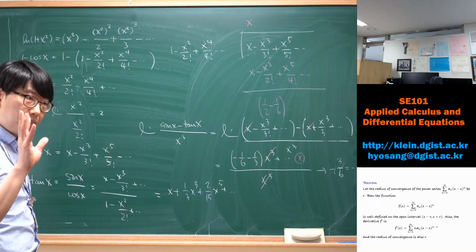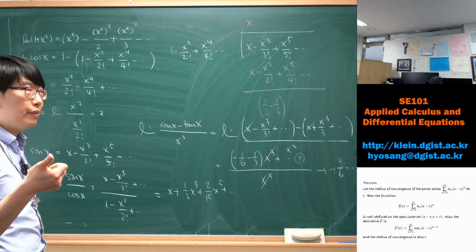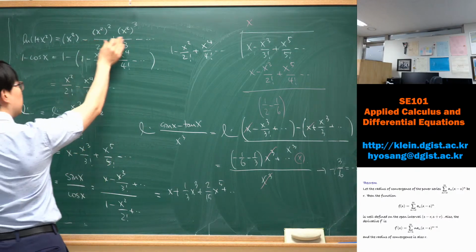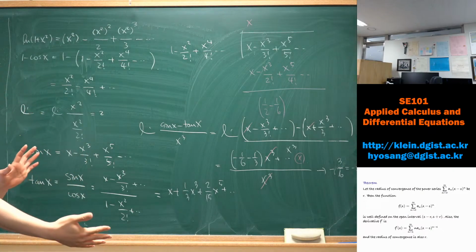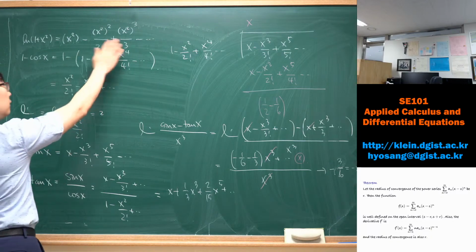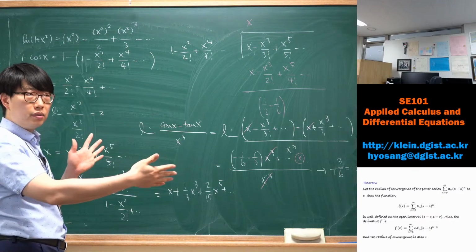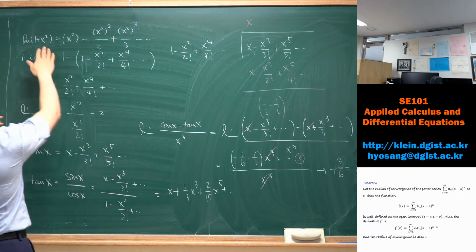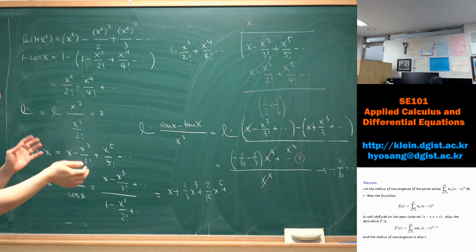So one thing that you might worry about is that even though this is very small, it might accumulate to a large number. But you don't have to worry about that because we know that this converges in the radius, this radius is 1, and for the other it's radius infinity.